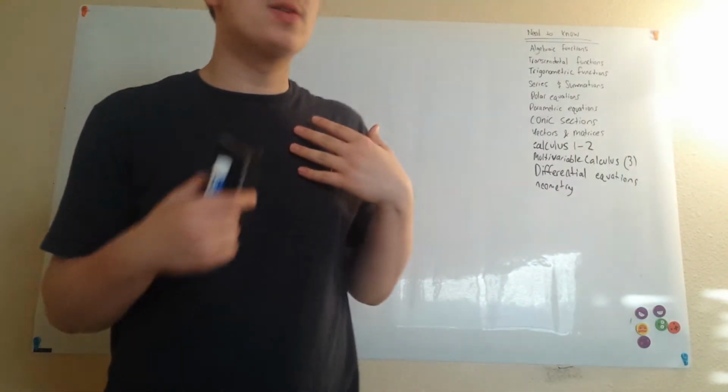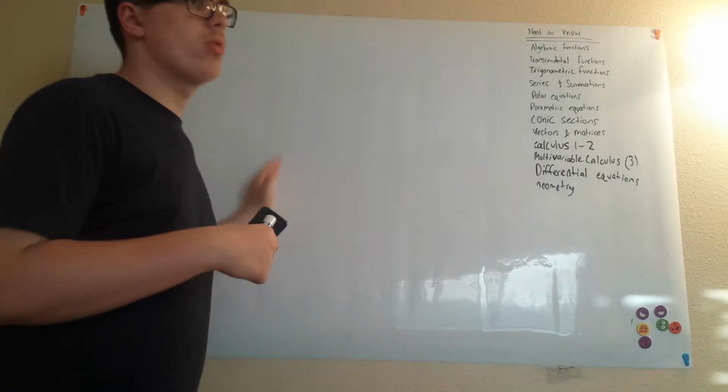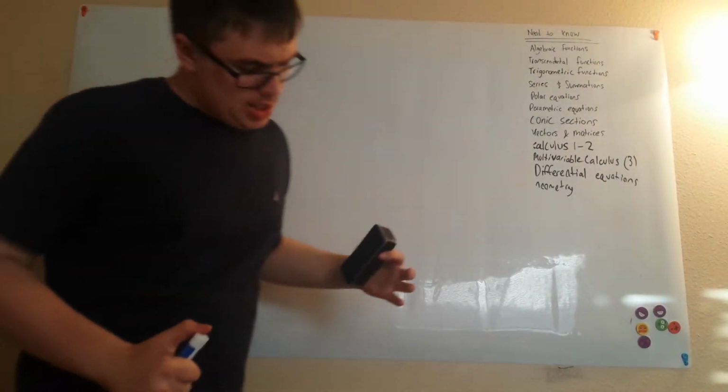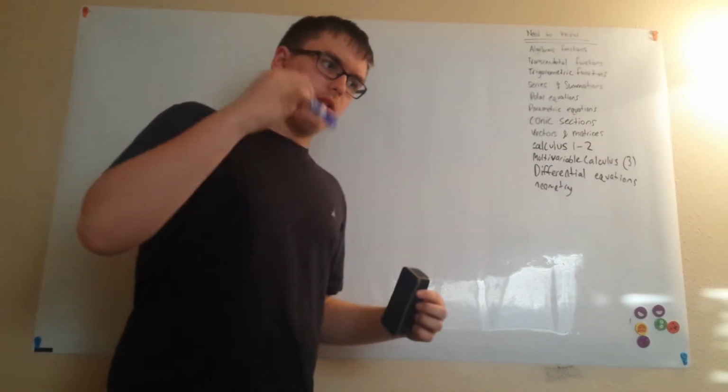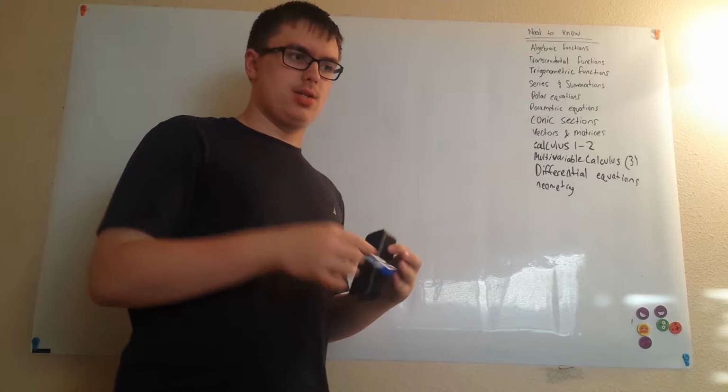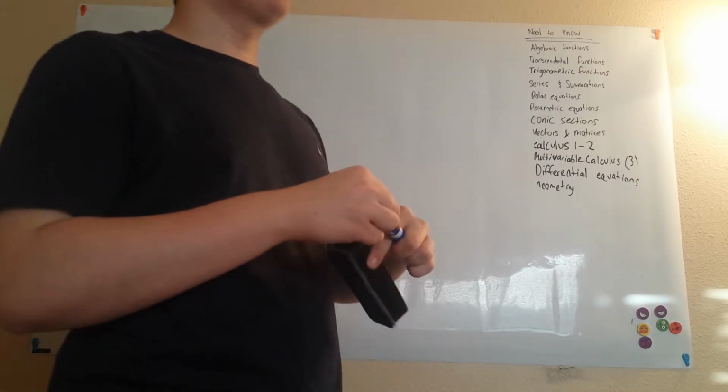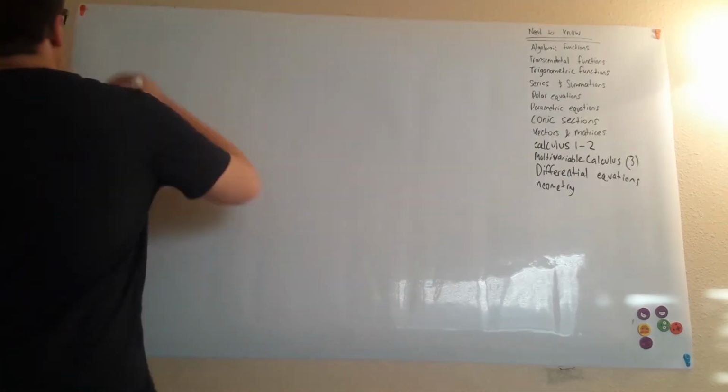Okay, so we talked about the first derivative test, what it means for a function to be increasing or decreasing. We talked about Rolle's theorem and the mean value theorem. Now let's look at the second derivative test and concavity.